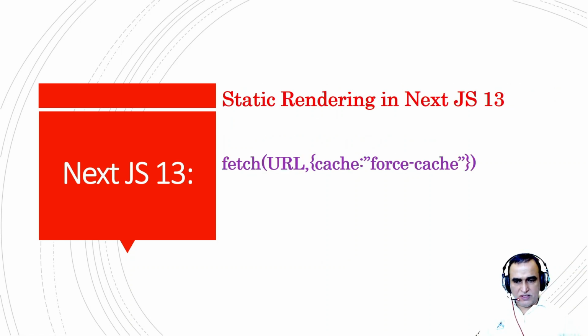In place of this we use the fetch URL with cache force-cache. With the help of this we make static site generation, which has now become static rendering. We do static rendering with the fetch function by putting an extra parameter into it. How to use it to generate static rendering, we are going to see in my future videos.